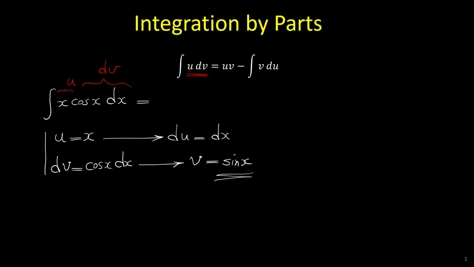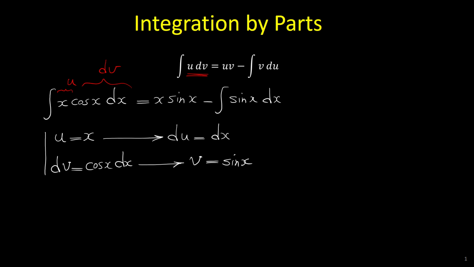If we multiply u by v, we get x sine of x minus integral of v, which is sine of x. Note that v is sine of x, times du, and du is dx.